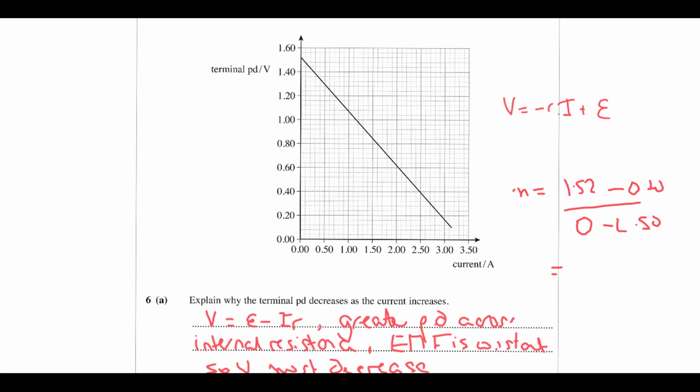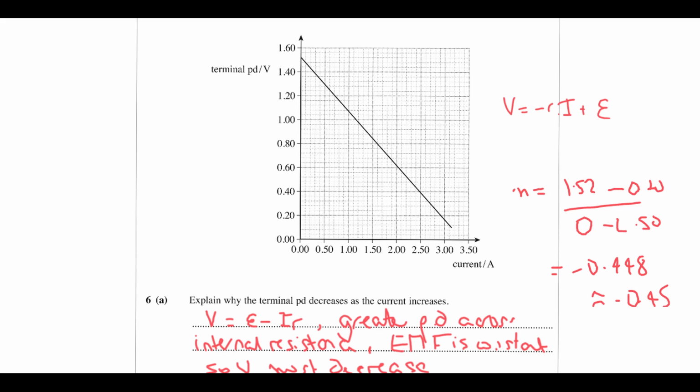So I've done it the opposite way around, the normal change in y and change in x, but it doesn't matter really. Minus 0.40 divided by 2.50 gives us minus 0.448, which is roughly minus 0.45. There is your gradient. So you can see that the internal resistance is going to be about 0.45.